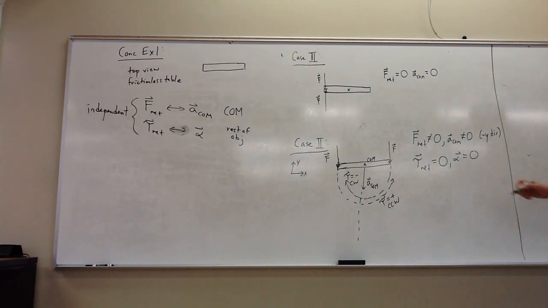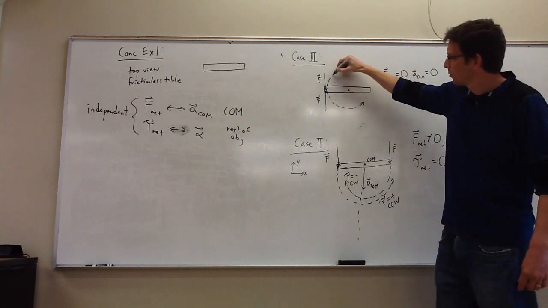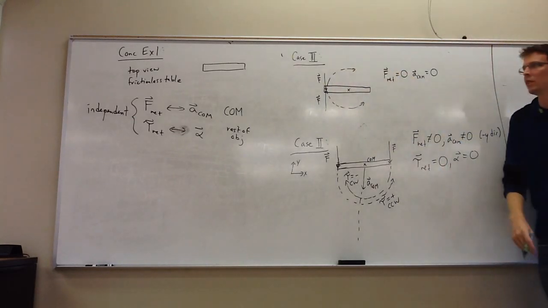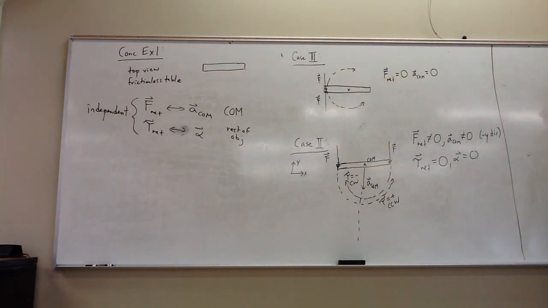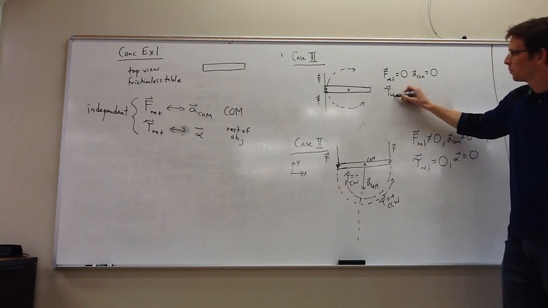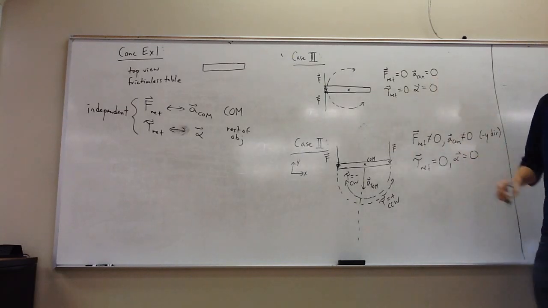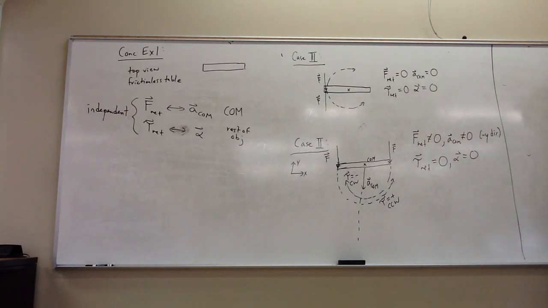And now we can see, of course, that this force would try to rotate it one way around that pivot. This one would be the other. And if those forces are exactly the same size, same orientation, same leverage, what's the net torque? 0. So nothing happens.